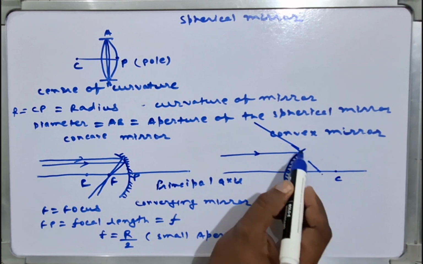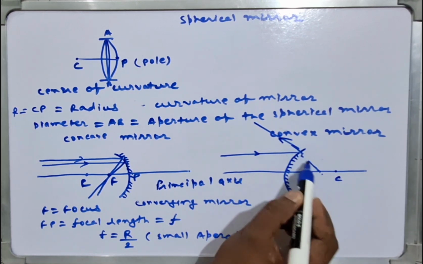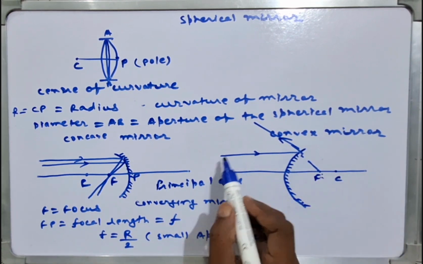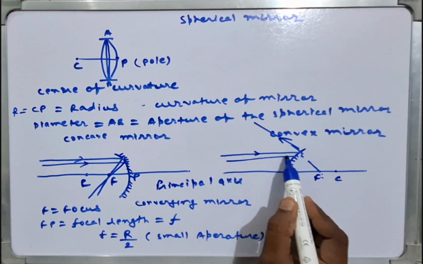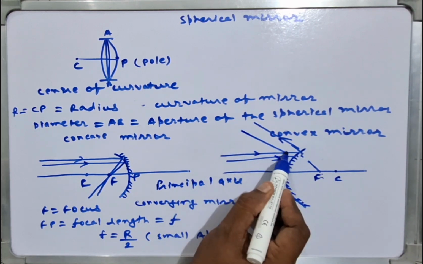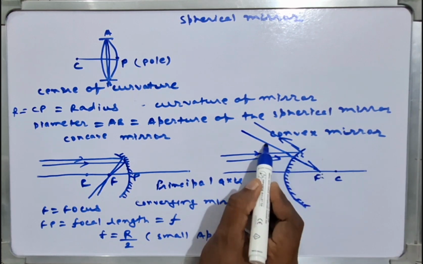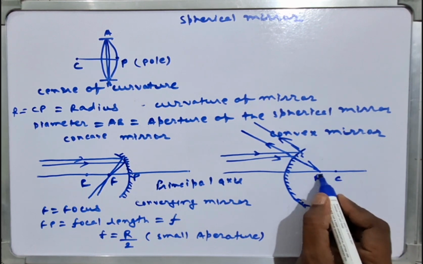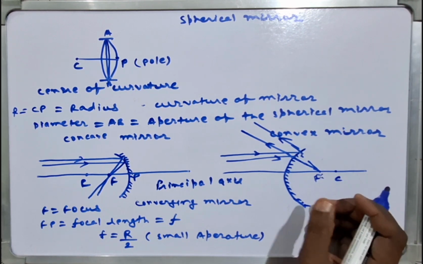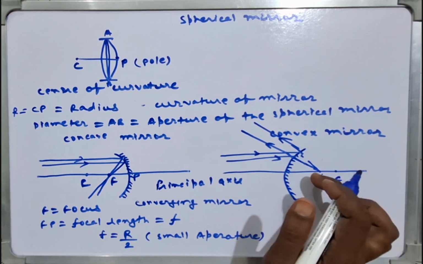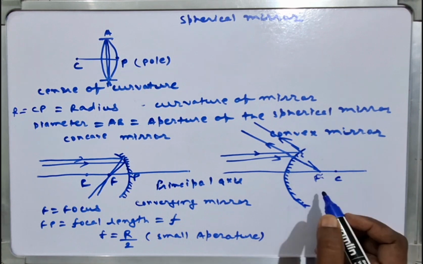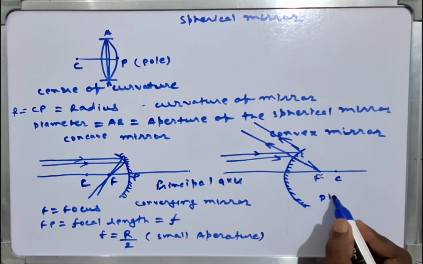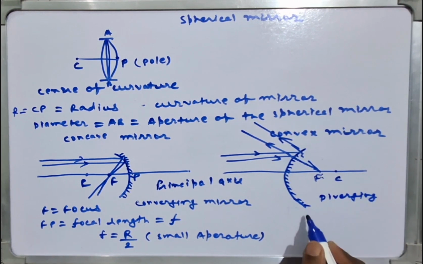If we extend them in that direction, they seem to be coming from this point F. So when you see this point F, the light seems to be going out from this point. So guys, that's why such a mirror, the convex mirror, is also known as a diverging mirror.